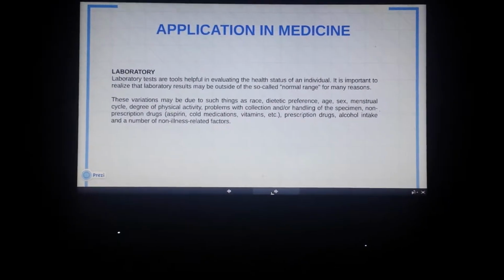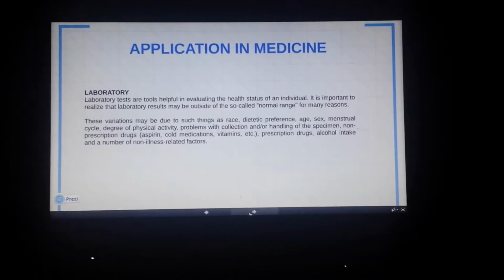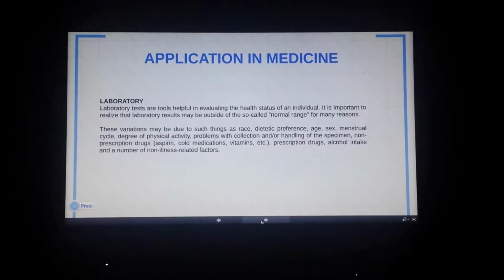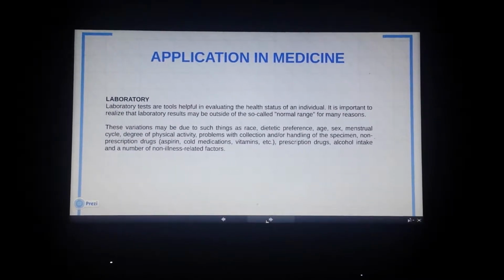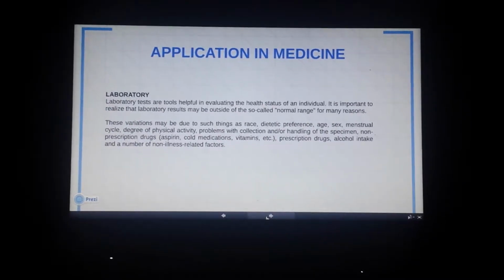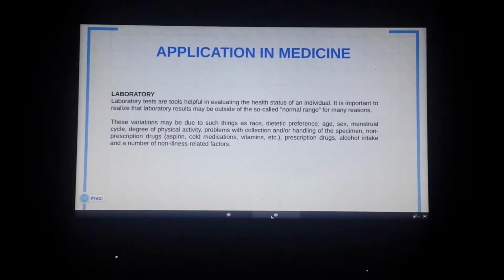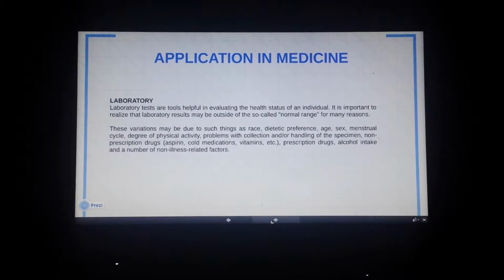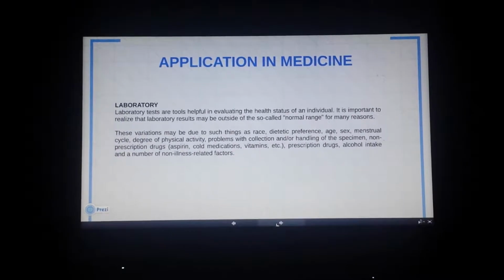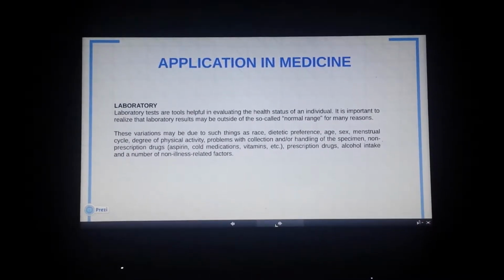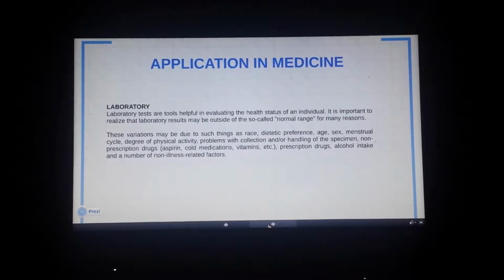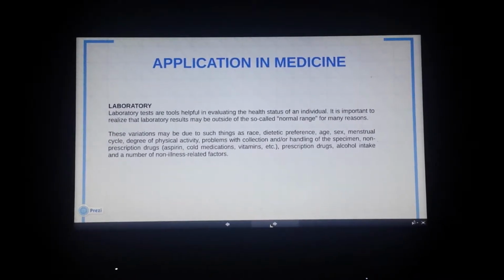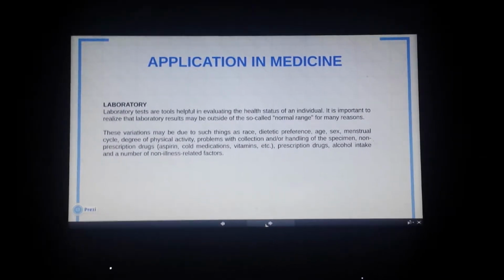This variation may be due to such things as dietary preference, age, sex, menstrual cycle, degree of physical activity, problems with collection and or handling of the specimen, non-prescription drugs, aspirin, cold medicines, vitamins, etc., prescription drugs, alcohol intake, and a number of non-illness related factors.